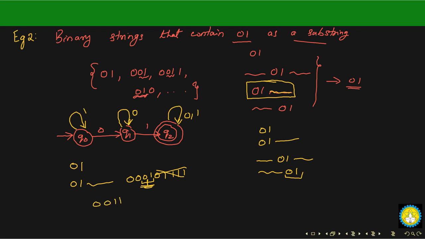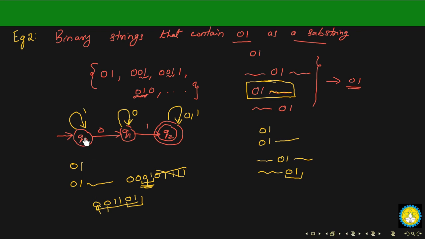Suppose I have 0, 0, 1, 1, then 0, 1. Let's look at what will happen here. In this case, the string ends with 0, 1. The first alphabet here is a 0.